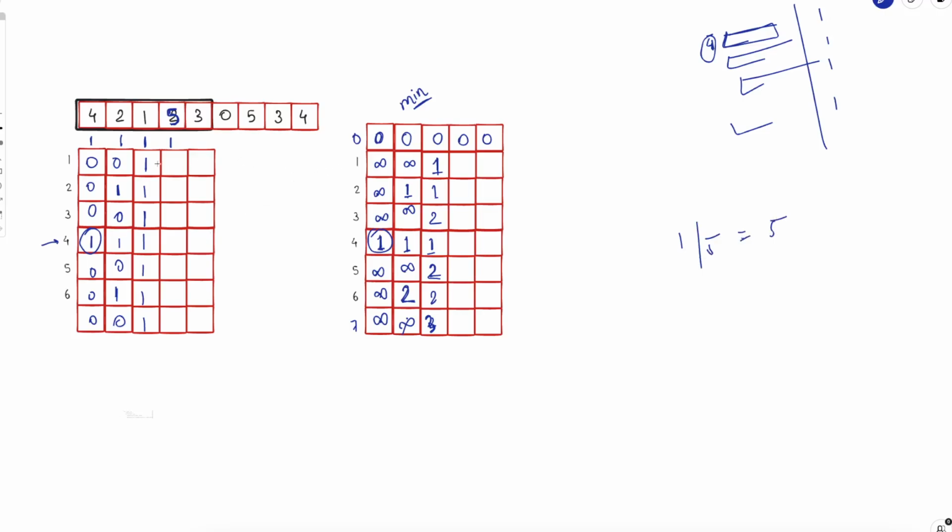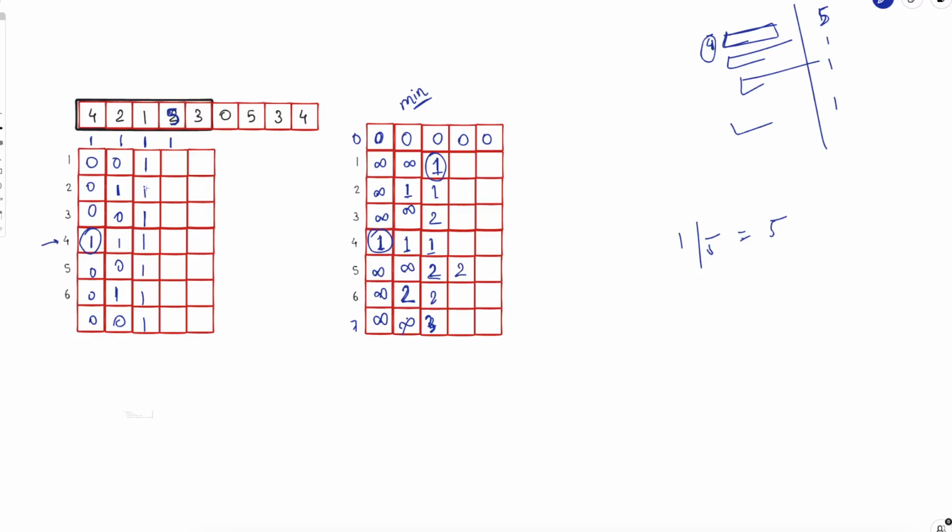So you can make 5 by amending 1 to it. 1 you are able to get at one cost, or rather at a set of elements that has just one element, and you are amending 5 to it. So the total number of elements now you have is 2. You were able to get 5 at 2 elements. Now you are also able to get 5 at 2 elements. So both are the same, so it doesn't matter. It will still remain 2.